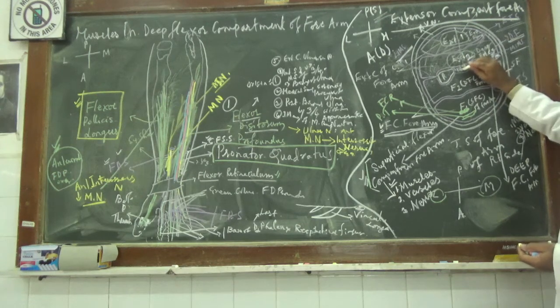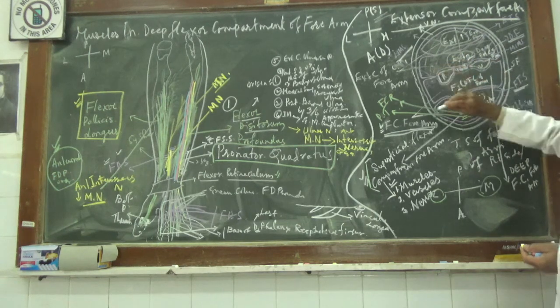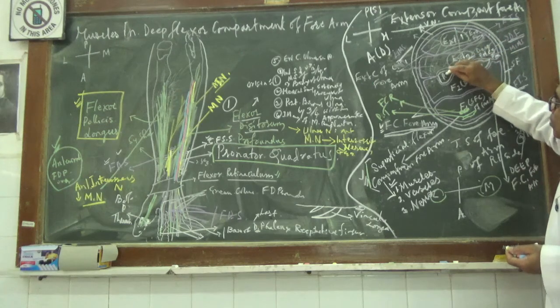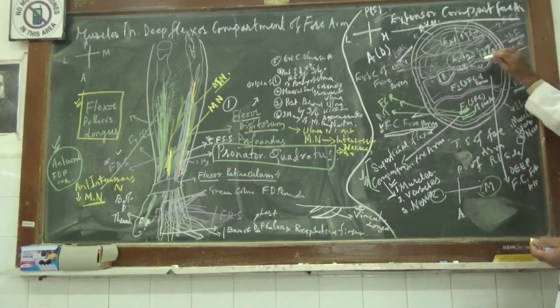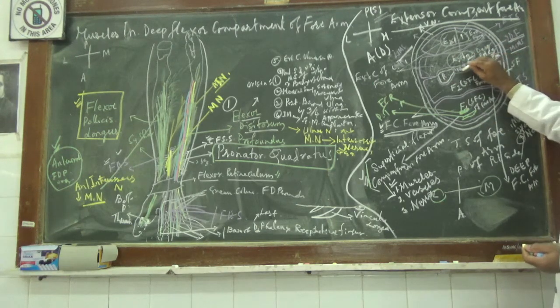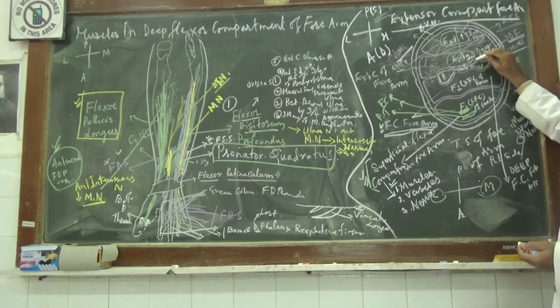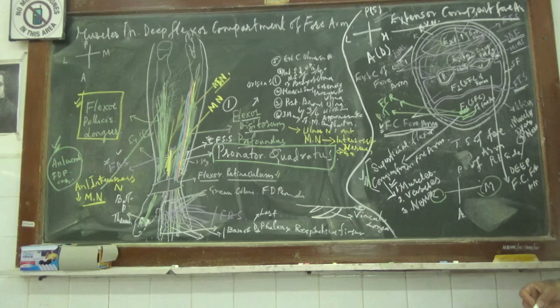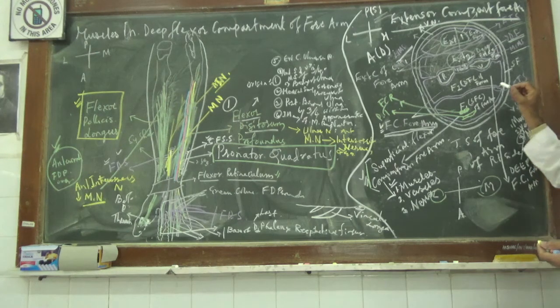Deeply, or in front, it is related to the lateral intermuscular septum, medial intermuscular septum, posterior surface of the radius, posterior surface of the ulna, and the interosseous membrane posterior surface, and the deep fascia which covers the posterior surface of the radius as well as the ulna.